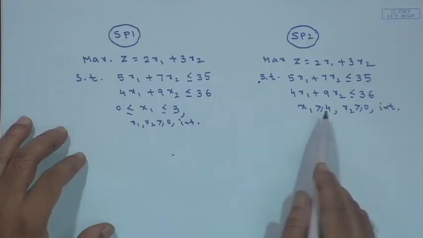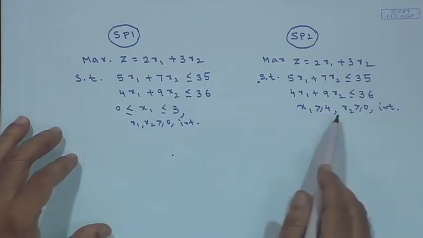As in this particular example, we have chosen x1. Since x1 has the larger fractional value, we find the lower bound and upper bound of x1, which are 3 and 4 respectively for this problem. Then we create two subproblems.